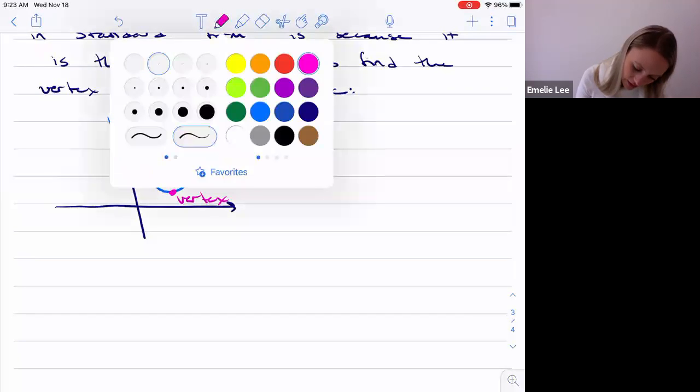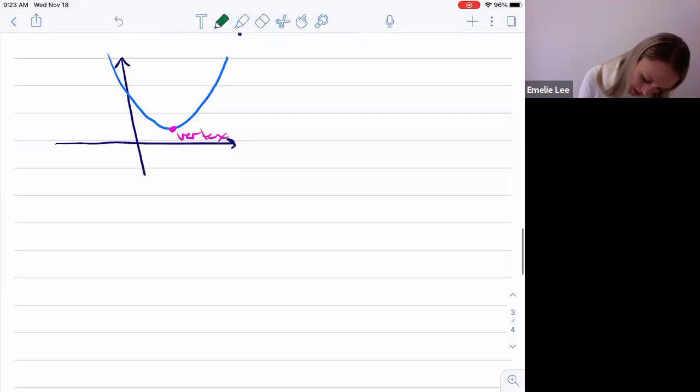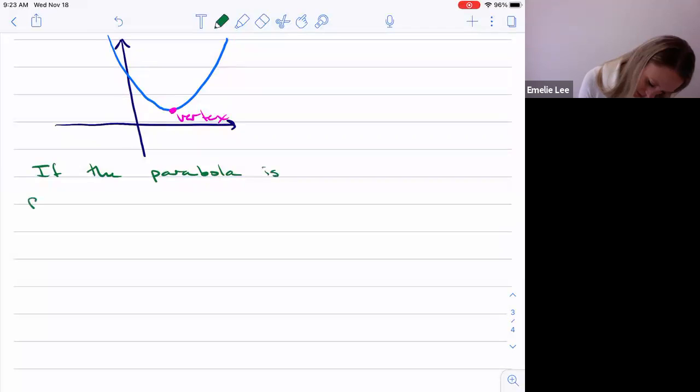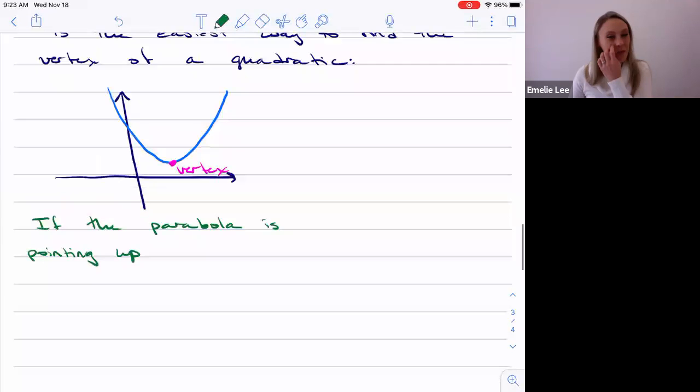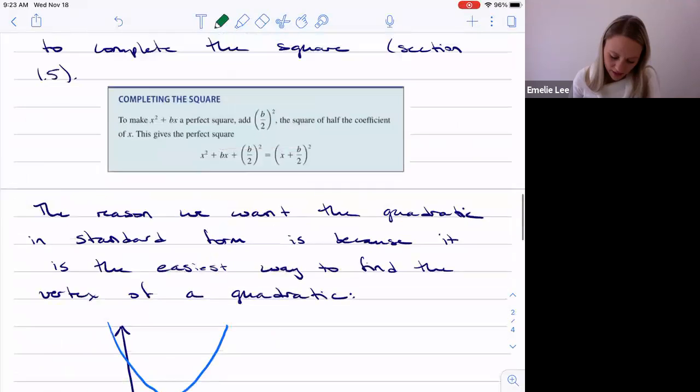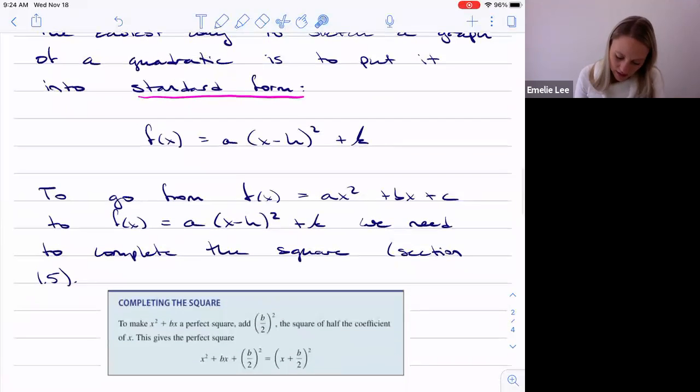So here, if the parabola is pointing up, okay, how do we know if it's pointing up? Well, we can look at our original, the general form or the standard form.